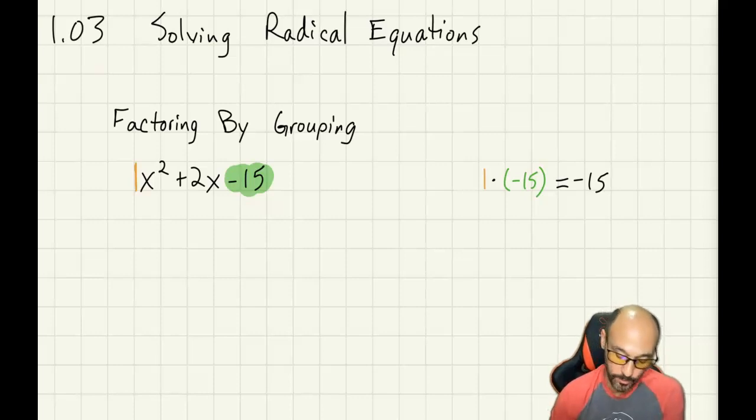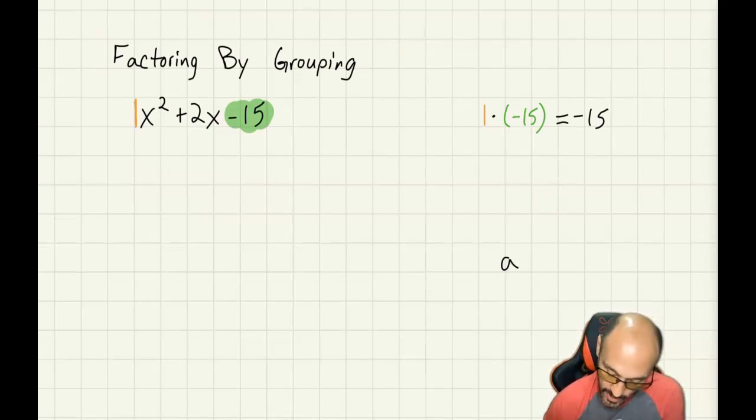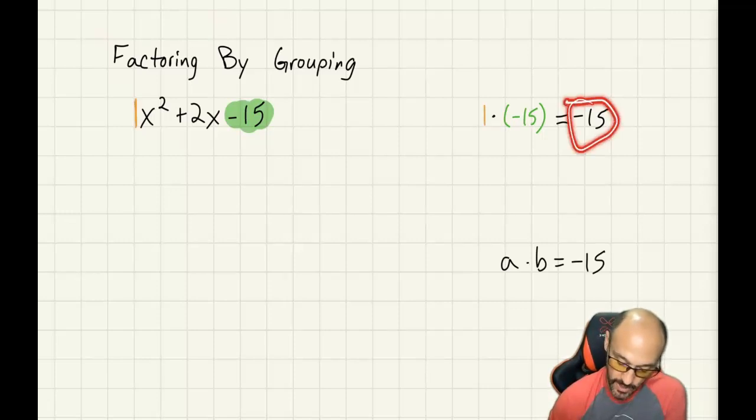So we're going to break this apart into two pieces, A and B. When we multiply those together, they have to give us the negative 15 right here, which again is the result of taking the 1 times the negative 15.